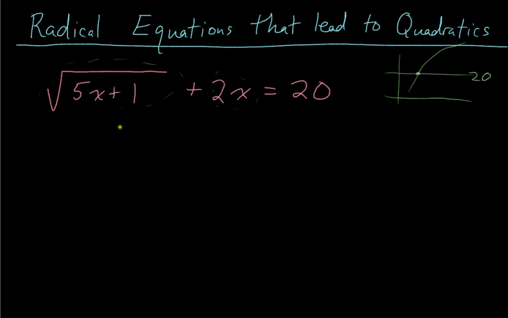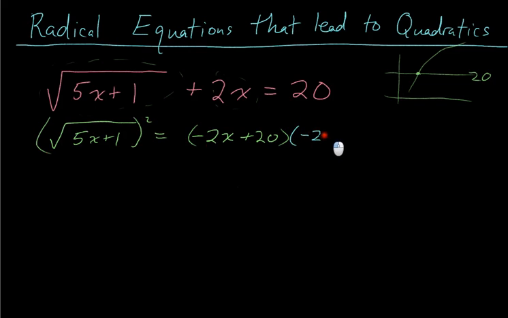All right, so let's go ahead and do this right quick. We've got 5x plus 1 is negative 2x, once I move it over, plus 20. Square both sides. So on this side, I'm just going to get rid of the root. On the other side, I'm going to have to FOIL. So I've got 2x times 2x is 4x squared.